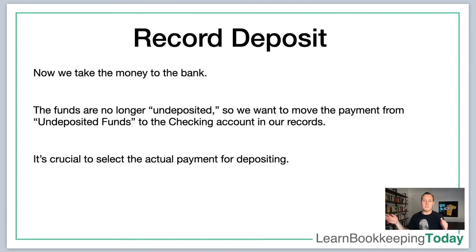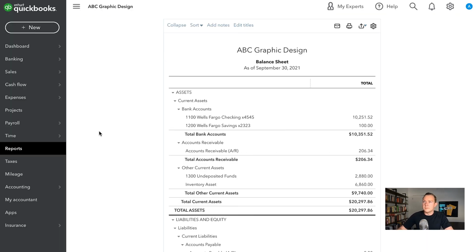So we want to move it from undeposited funds to the checking account so that it reflects our correct bank balance. When we're recording a deposit of a payment, it's crucial that we actually record the payment as being deposited and don't manually set a deposit line. And I go over that in my first video about undeposited funds. Let's see this in QuickBooks.